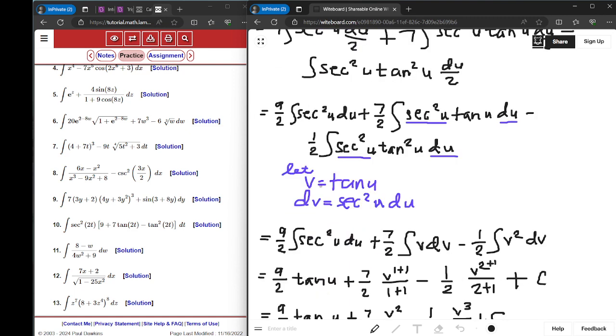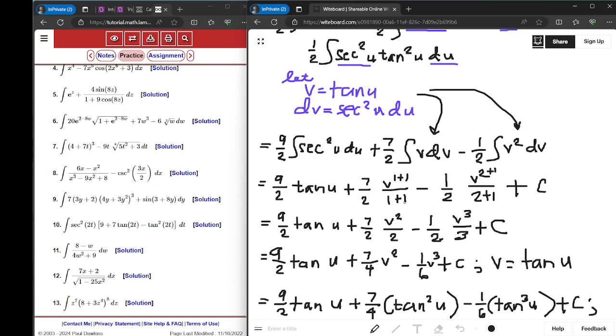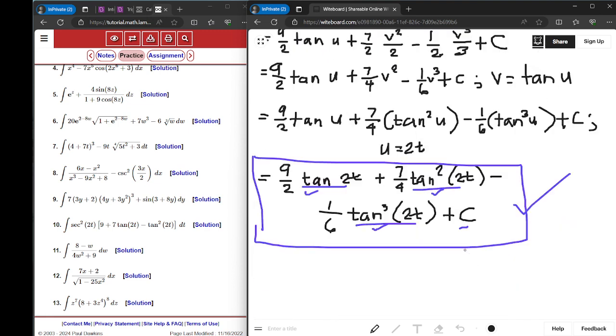Then later on, we let another variable v equal to tangent of u. As you can see, they are much simpler to look at and much easier to integrate. And this is now our answer: 9 over 2 tangent of 2t plus 7 over 4 tangent squared of 2t minus 1 over 6 tangent cube of 2t plus c.